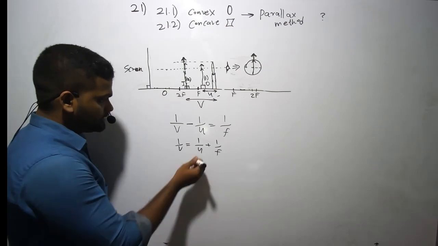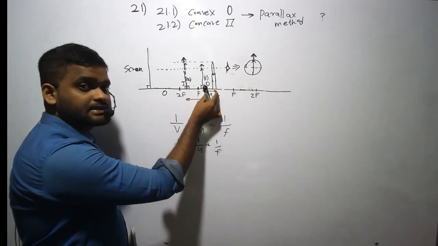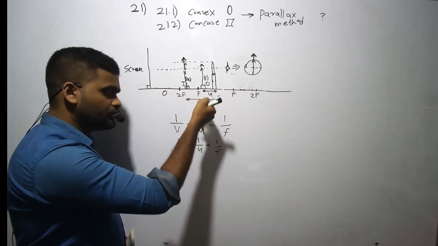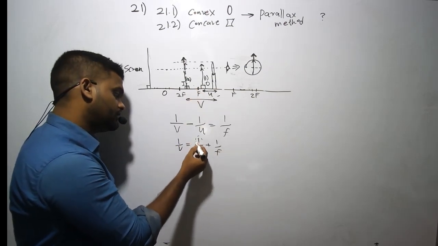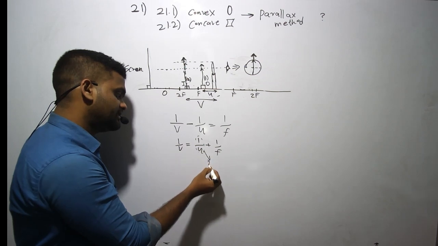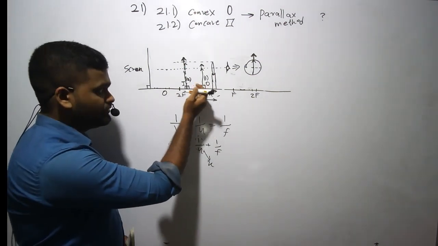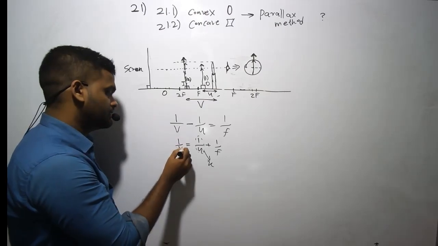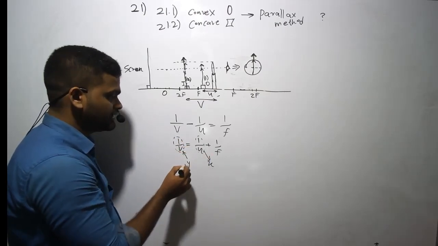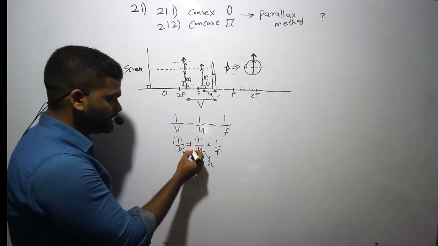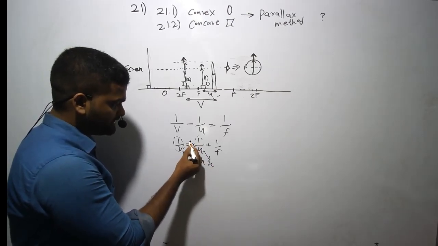So in the experiment, what we are changing is this object distance. So that is going to be the independent variable, the X. So 1 over U, I'm going to use as the independent variable X. According to X, V changes. So it is dependent on this one, so we can call that Y. Then the gradient is going to be 1, in front of it it is just 1.